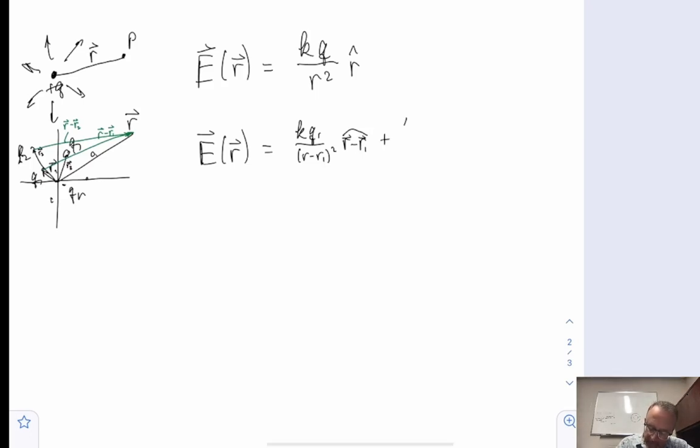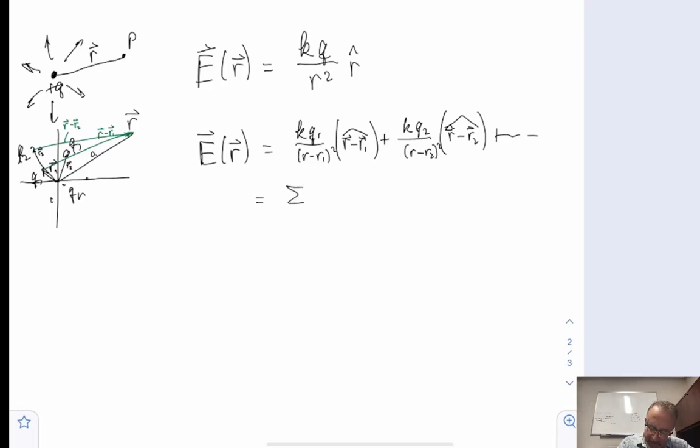And then I have KQ2 over R minus R2 squared in the R minus R2 hat direction. Plus, and it just keeps on going.